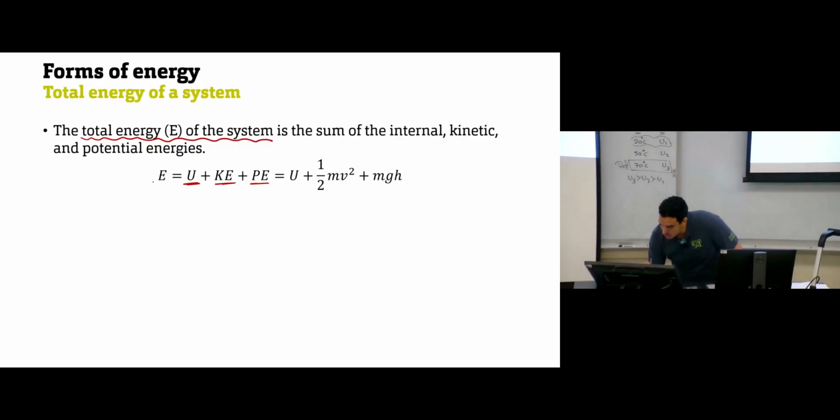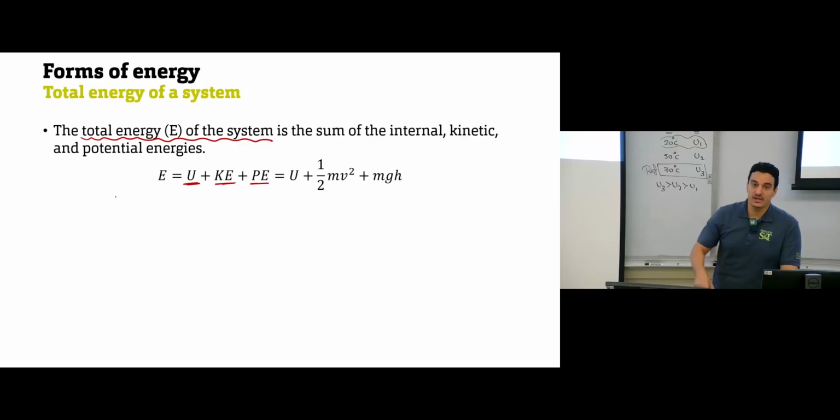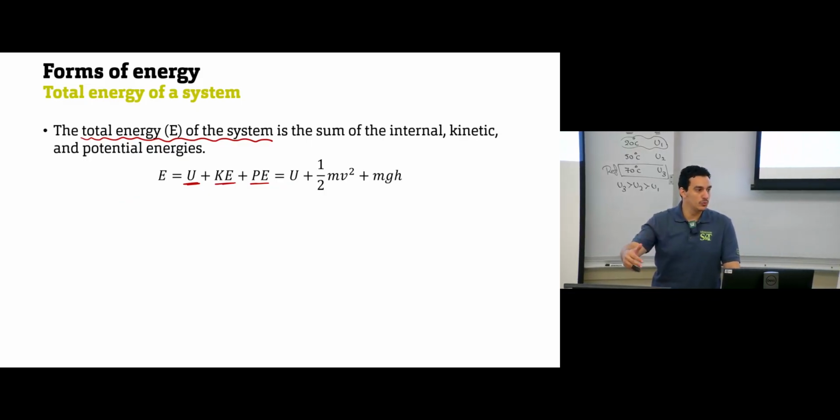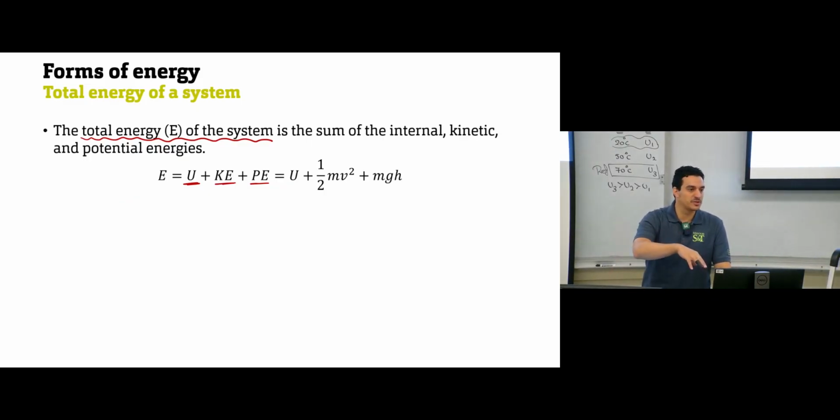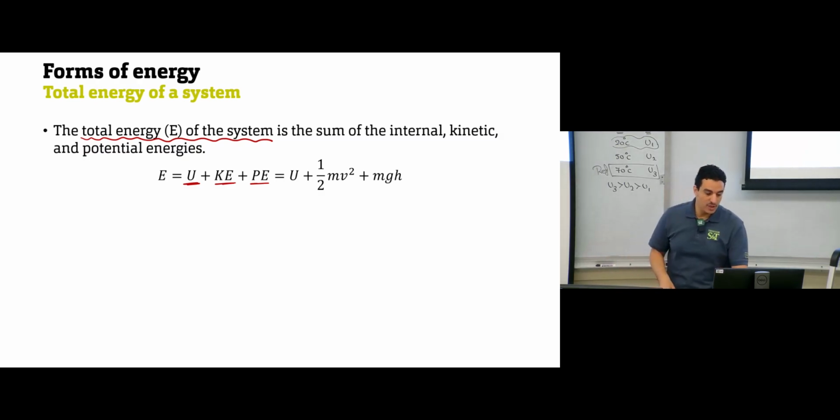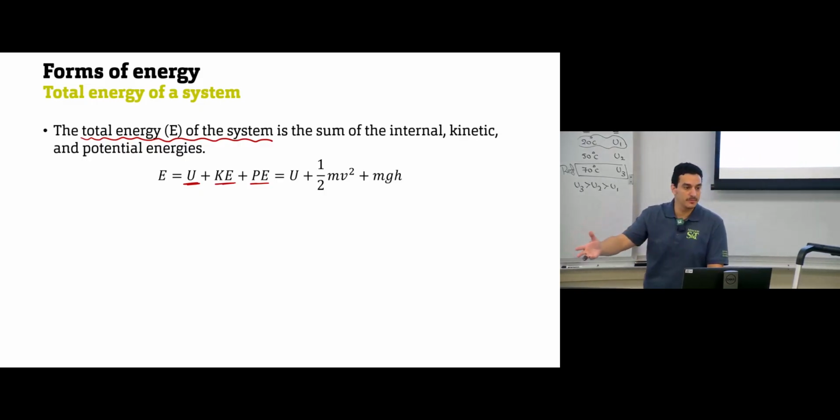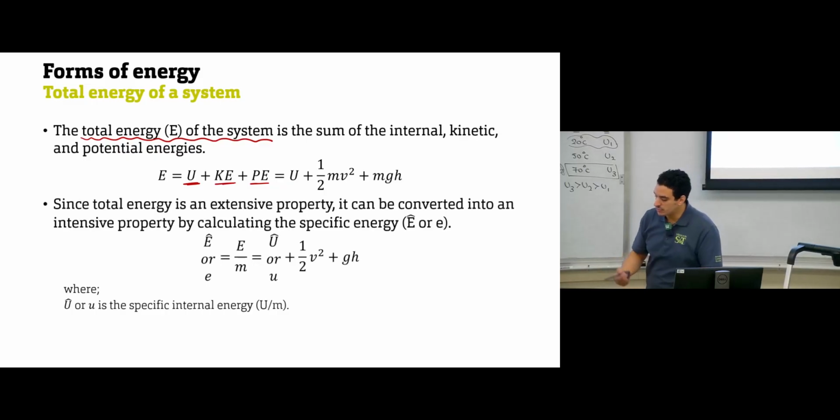This type of energy is an extensive property. And again, you remember, do we like to deal with extensive or intensive properties? Intensive, because an intensive property is not a function of the size of the system. So how can I convert an extensive to an intensive property? Divide by mass or divide by mole. We can do either one.